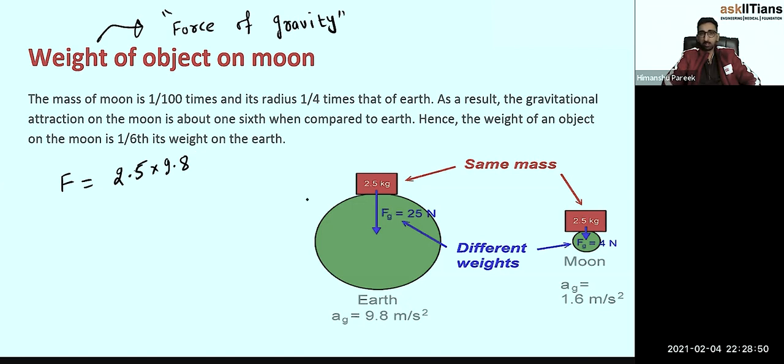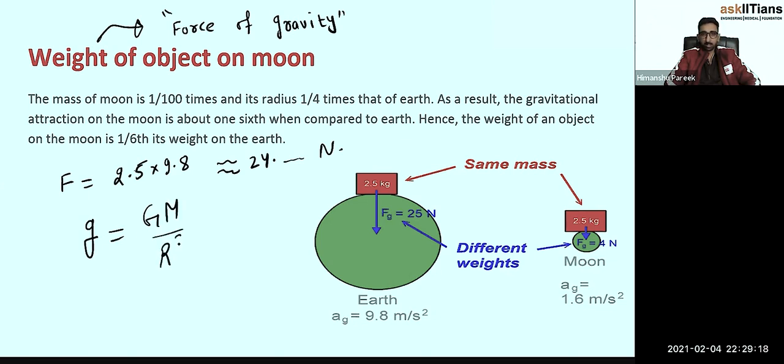When you use 10, you'll get exactly 25 Newton. If you use 9.8, you'll get around 24 point something Newtons. So what is the weight? Weight means force of gravity. Now, whether it is the moon surface, the Earth surface or the Mars surface, you know how to calculate gravity on the surface of a planet. I gave you the formula in the previous lecture.